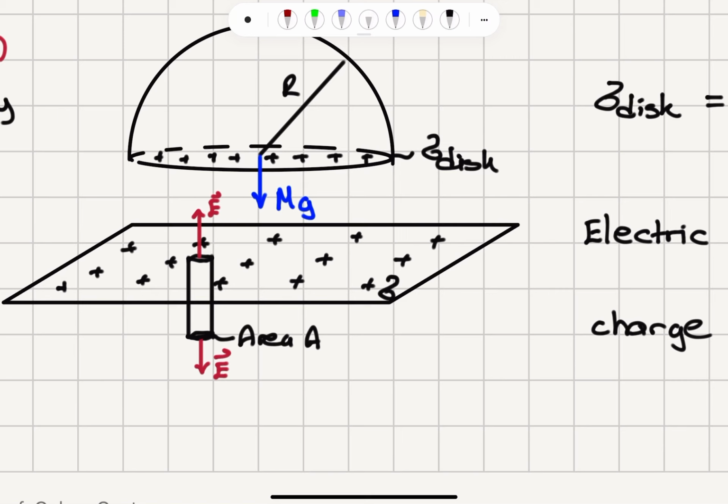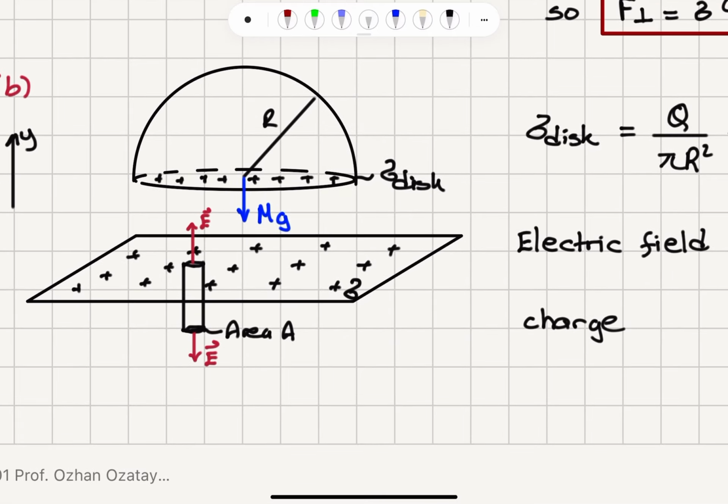I have a Gaussian surface here, a cylindrical surface, because it's a symmetric situation on the top of the plane, and at the bottom of the plane I have the same electric field vectors pointing parallel or anti-parallel to the area vector. So we can say that at a certain distance from this plane, the electric field magnitude will be the same, but they will be pointing in opposite directions. And there will be no electric field component that is perpendicular to the side surface of the cylinder.